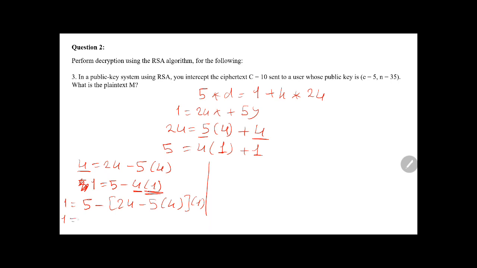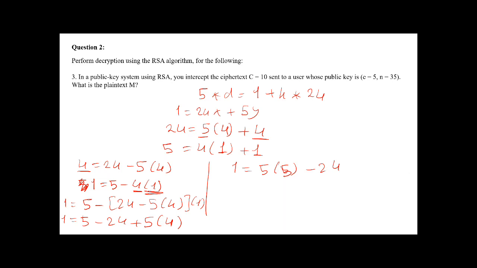So 1 equal 5 minus 24 plus 5 multiplied by 4. We combine the like terms, so it will be 1 equal, remember 5 here, we assume that it's 5 multiplied by bracket with 1, and this is 4, so it will be 5 and 5, just like that, minus 24, and we're done with substituting the equations into each other.